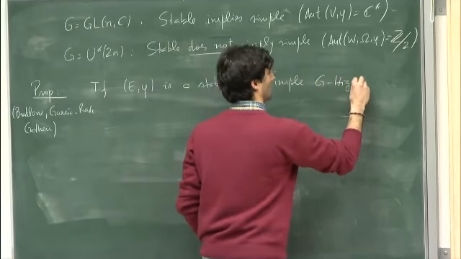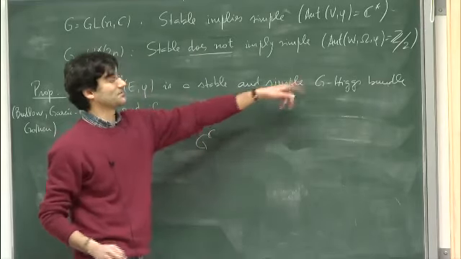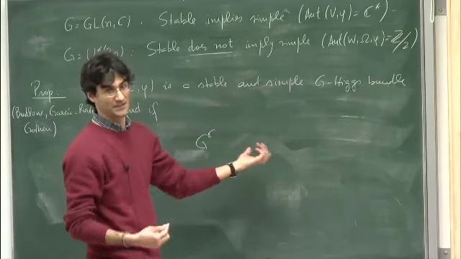and if, so from a Higgs bundle, if G is a real form of GC, from a Higgs bundle one can construct a GC Higgs bundle.